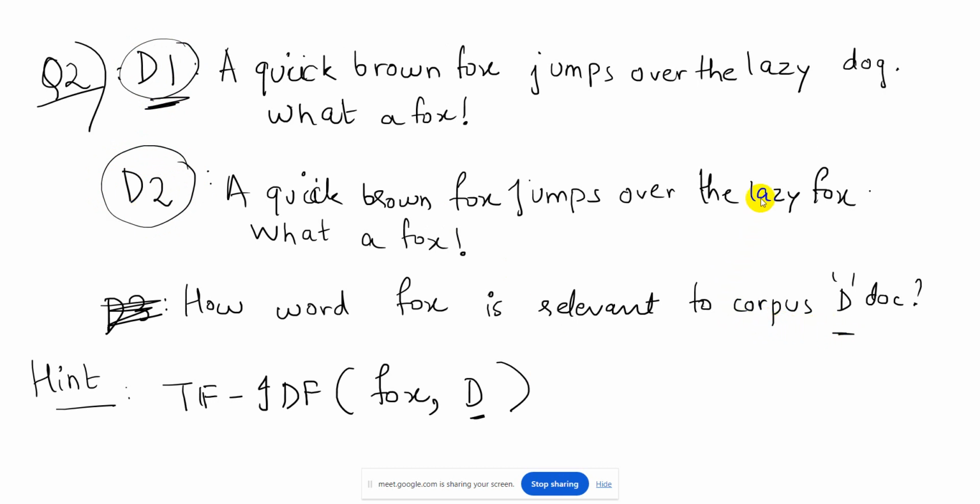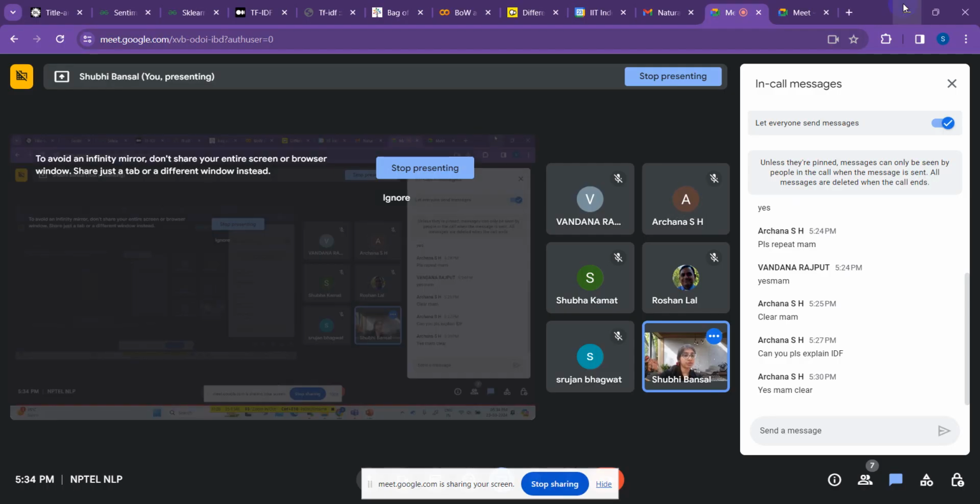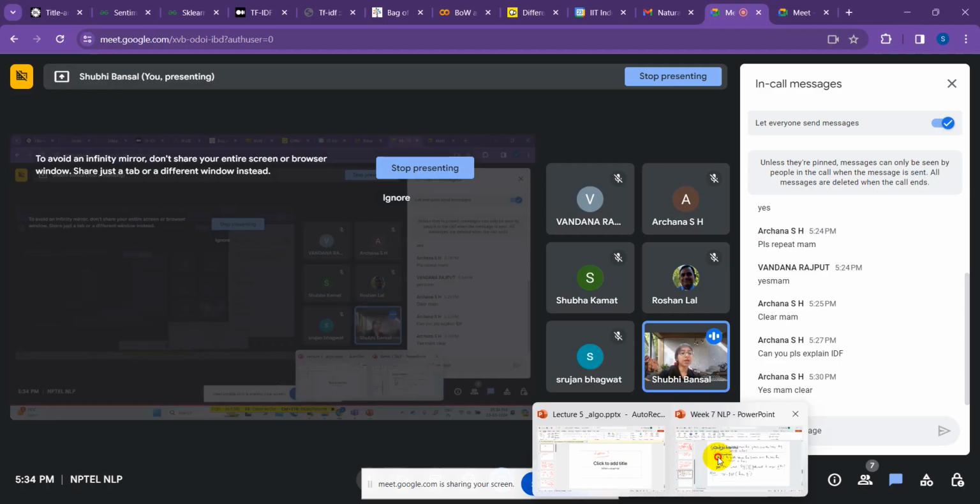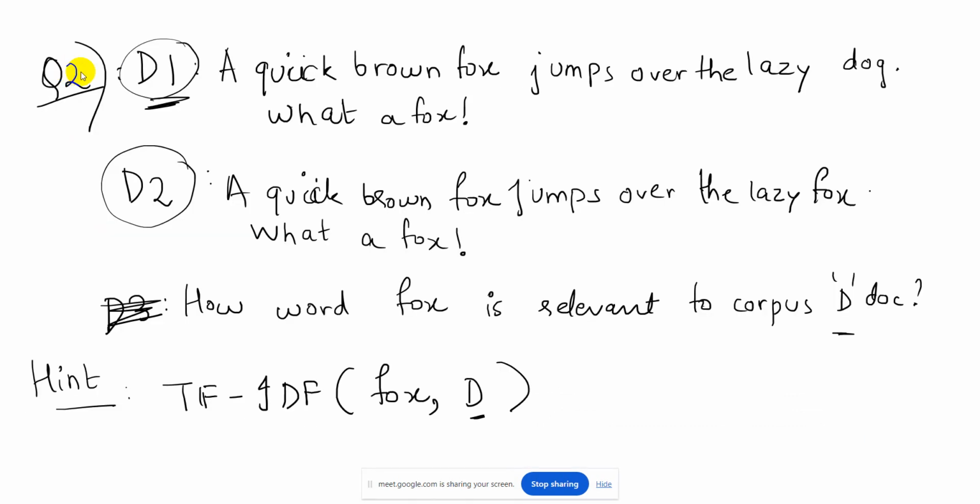So can you please try this question? I hope my screen is visible to you all. First calculate the TF-IDF of fox in the first document. Then calculate the TF-IDF of fox in the second document. And then how to proceed further, I will explain.